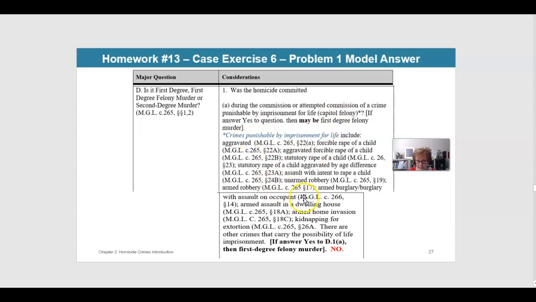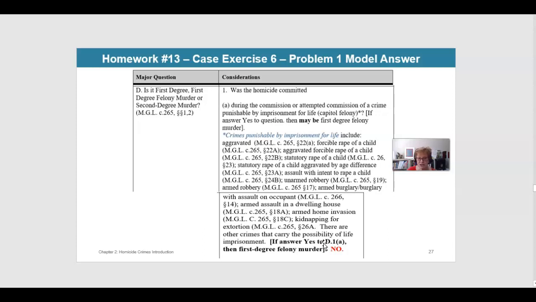So there's a whole list here of Massachusetts crimes which, if a killing occurs while one of those crimes is being completed, then there is likely going to be a charge of first-degree felony murder. But in the facts as we have them, there's no other crime going on here.